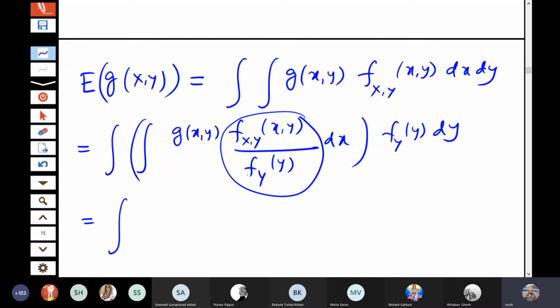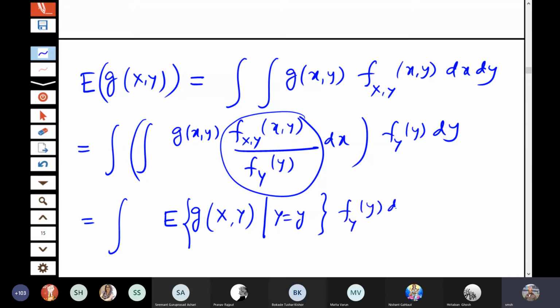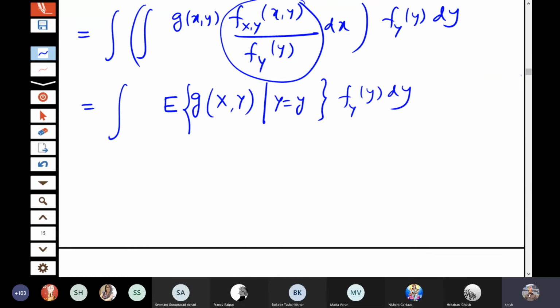So the interpretation for this inside term is the expectation of g(x, y) given y, because this is the conditional distribution of x given y, and then I am multiplying by the density. So we can write it as the expectation of the expectation of g(x, y) given y.